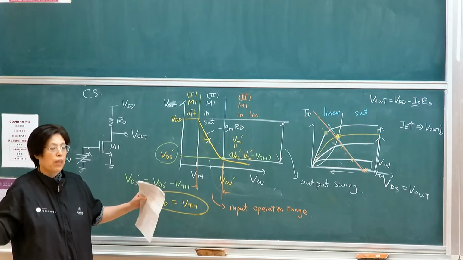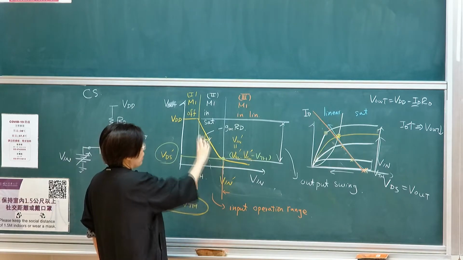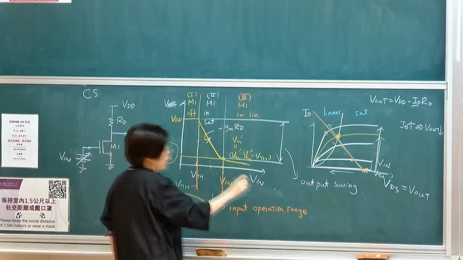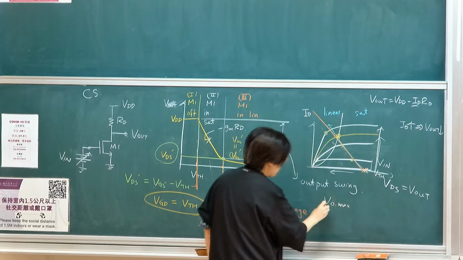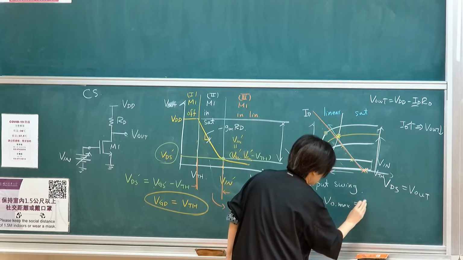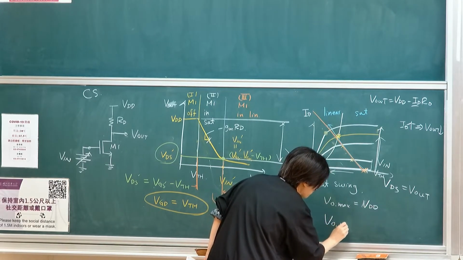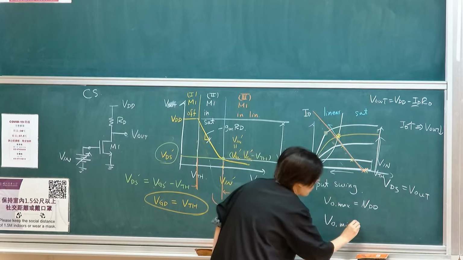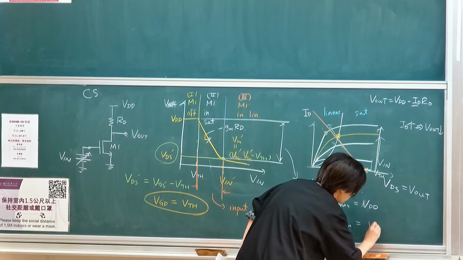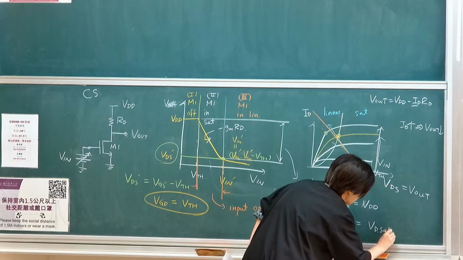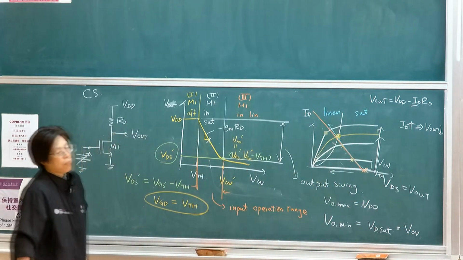You get maximum flexibility. So what limits your output swing is actually two things. One is the Vout maximum. In this case, Vout max is VDD. So you only have one side limited. Your Vout minimum actually depends on VDSAT, or the overdrive of your circuit.